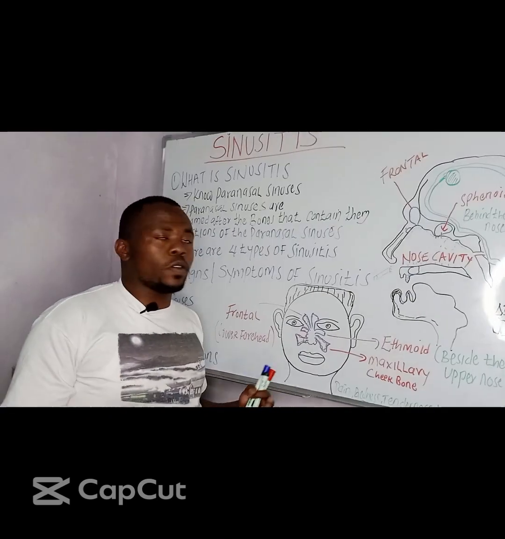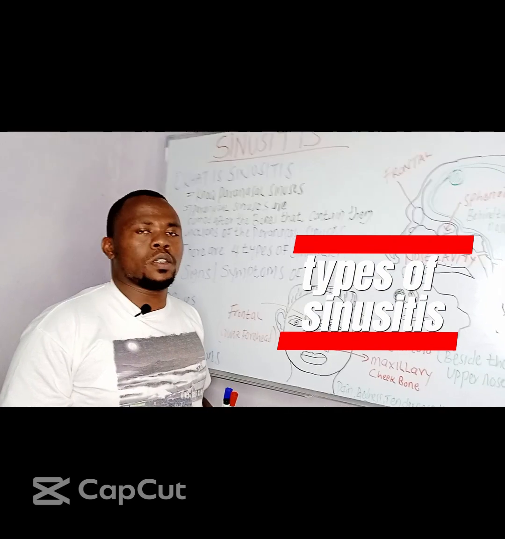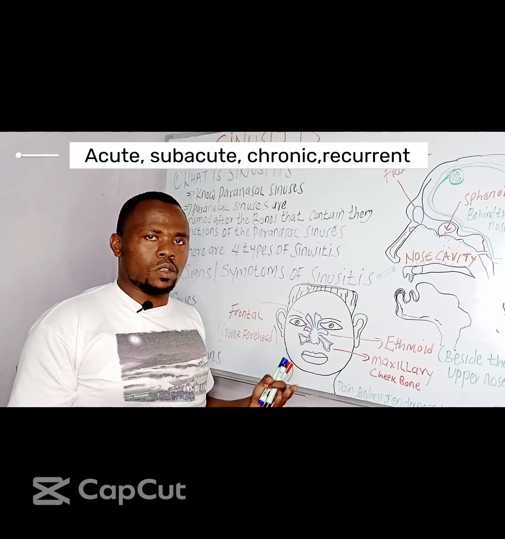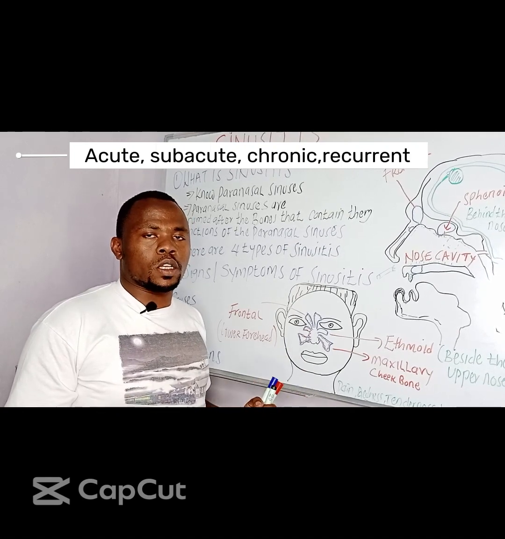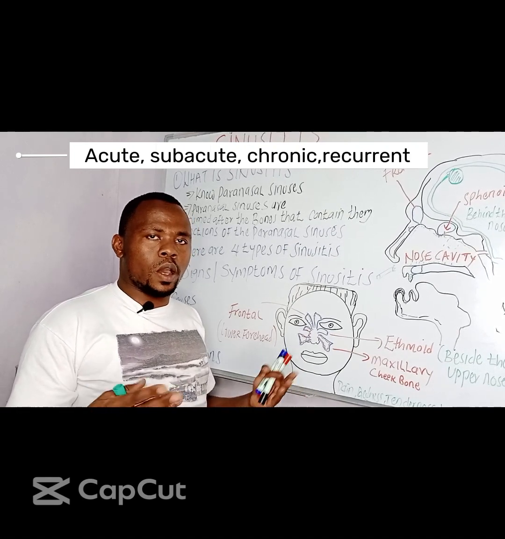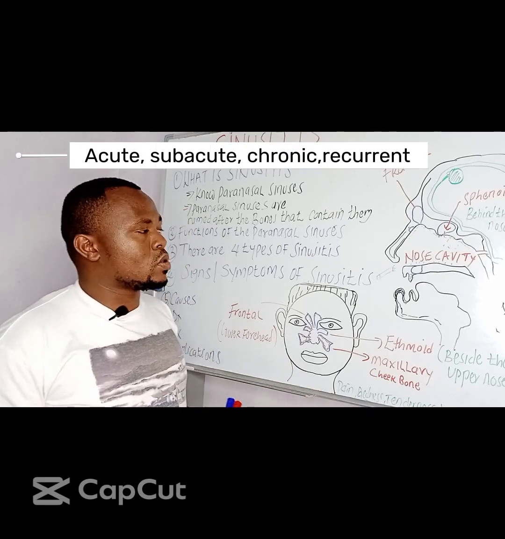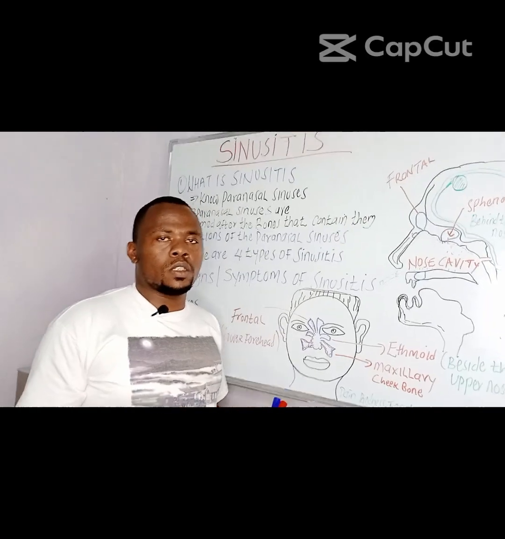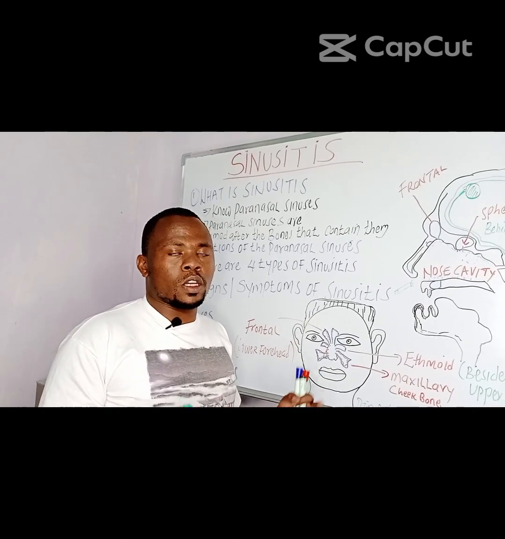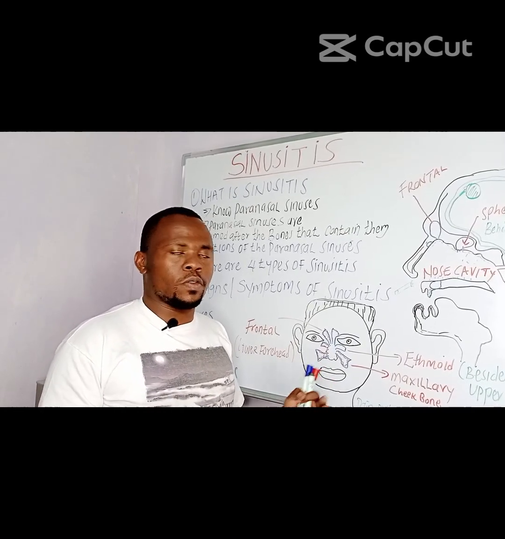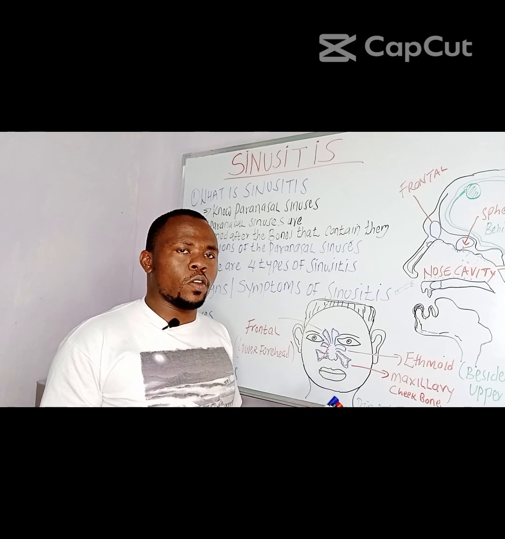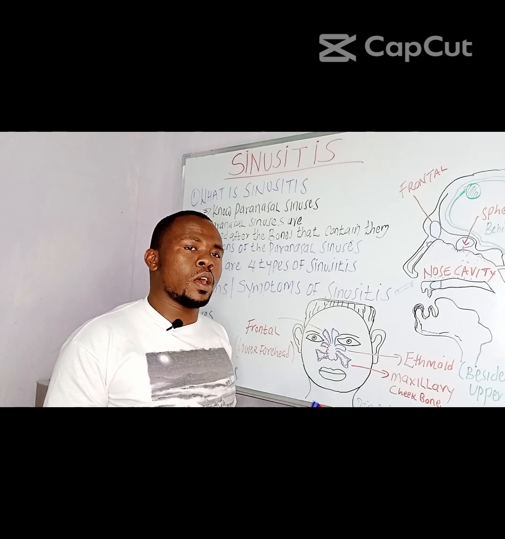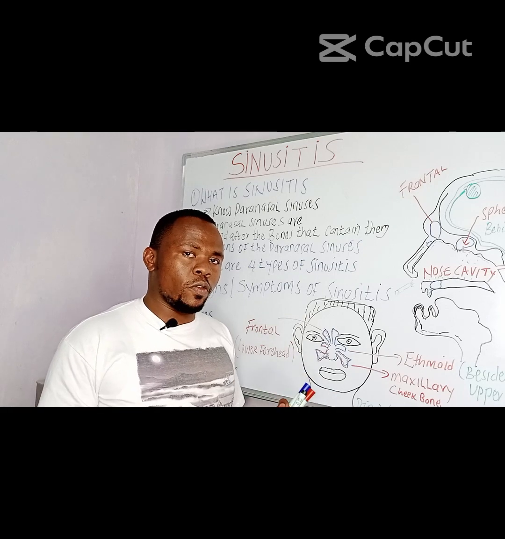What are the four types of sinusitis? Sinusitis exists as acute sinusitis, subacute sinusitis, chronic sinusitis, and recurrent sinusitis. Acute sinusitis is when the duration of the signs and symptoms of sinusitis is 1 to 4 weeks. Subacute sinusitis is when the duration is from 4 weeks to 12 weeks.